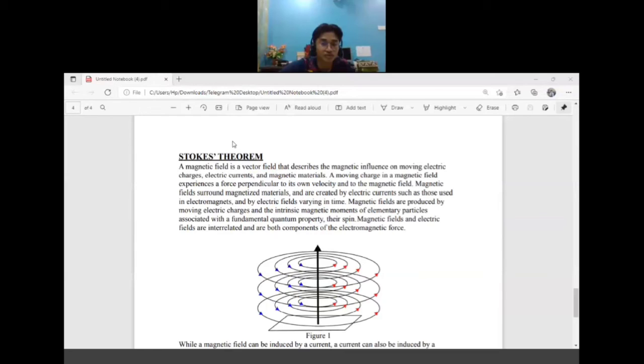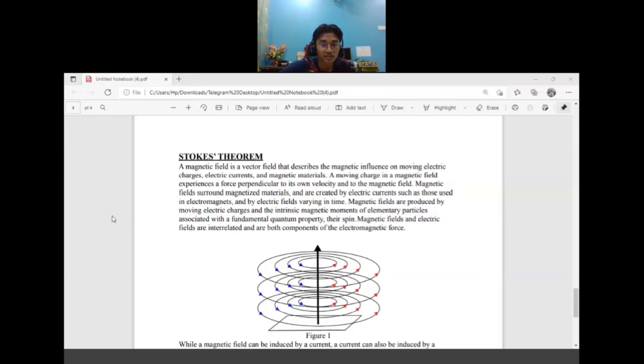Yes, of course. In the context of the Stokes theorem, we can relate it to the magnetic field. We know that the magnetic field is a vector field that describes the magnetic influence of moving electric charge, electric current, and magnetic material.